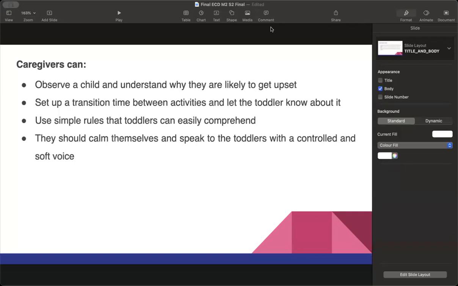As simple as that. You need to have a big picture with food in the area where the children are allowed to eat, or a picture with a girl eating, and the child knows that only in that area you are allowed to have your lunch or to take a break or to eat, whatever the case may be, right? They should calm themselves and speak to the toddlers with a controlled and soft voice. You cannot be screaming and freaking out every time a child does something that is against the rules.